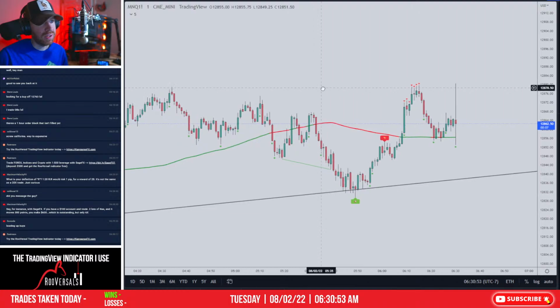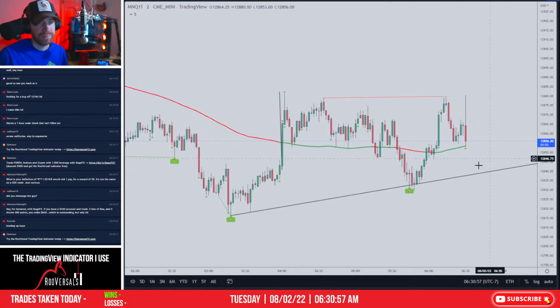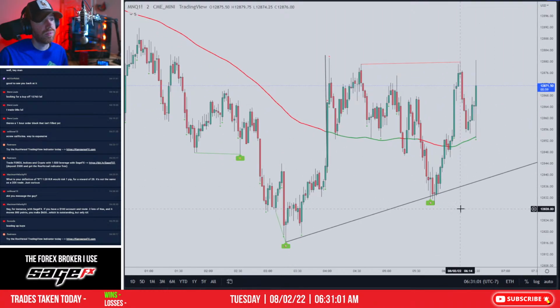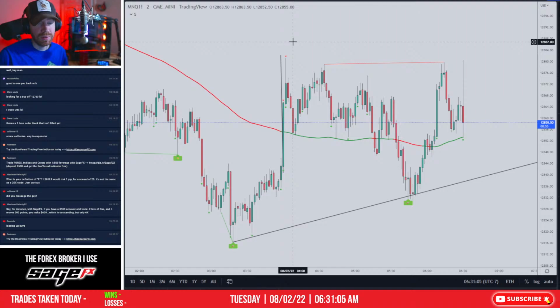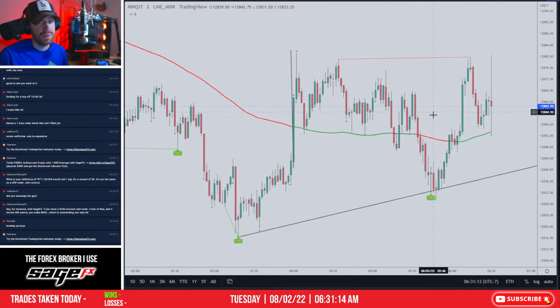Better wait for that 2-minute candle. If you like looking at the 5-minute, you should consider looking at the 2-minute also. The 2-minute takes out a lot of noise of the 1-minute and can give you additional entries.